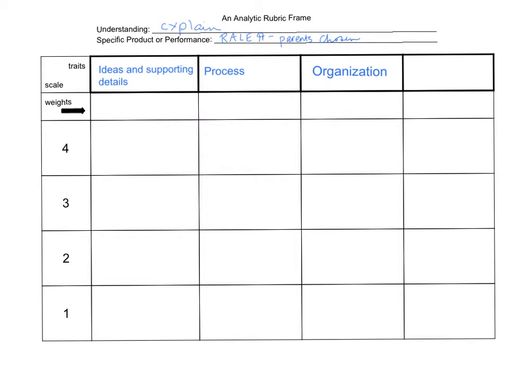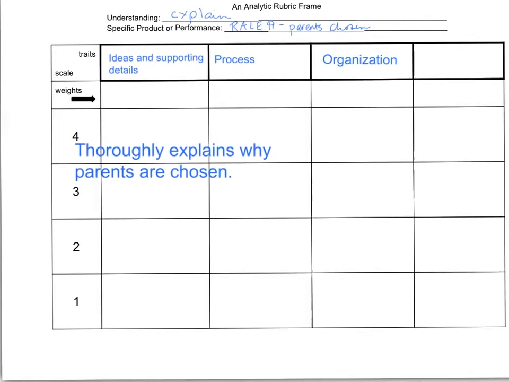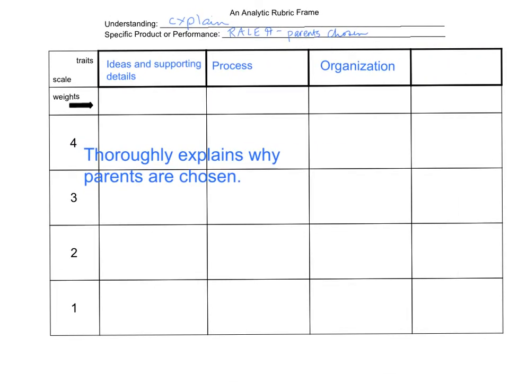So I'm thinking I'll use thorough, if I can spell it correctly. Thoroughly explains why parents are chosen. Keep it simple. There's no reason that this has to be crazily worded. We want the students to be able to understand. This should be written in their language.